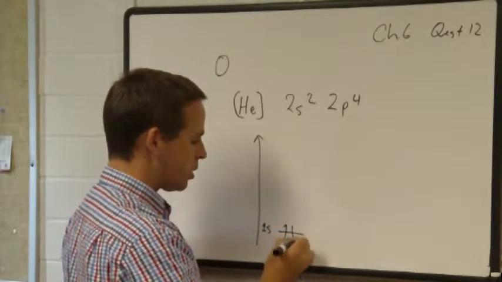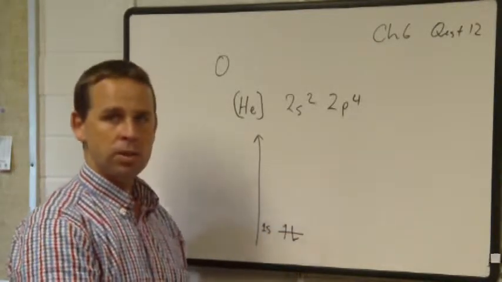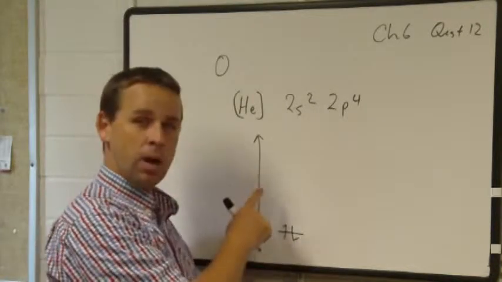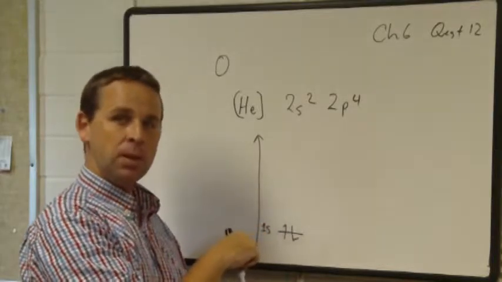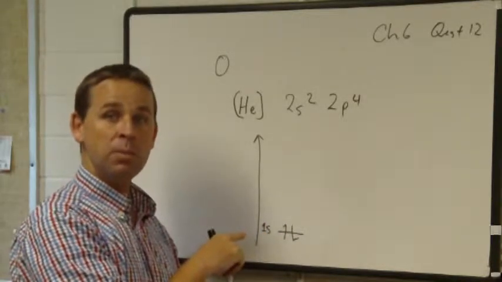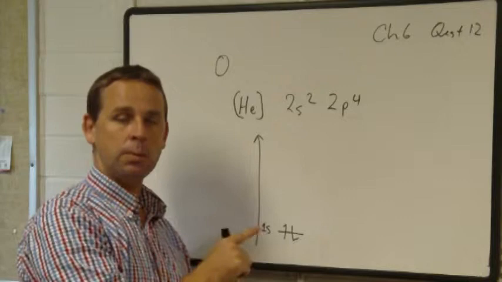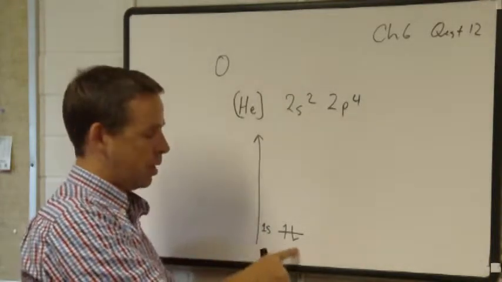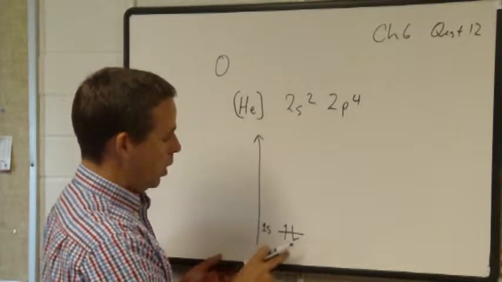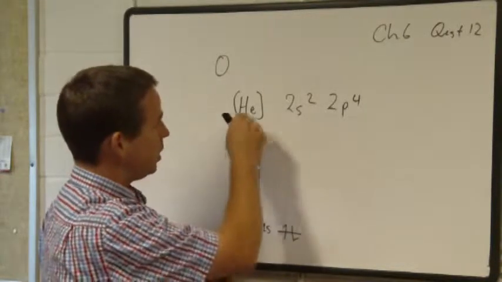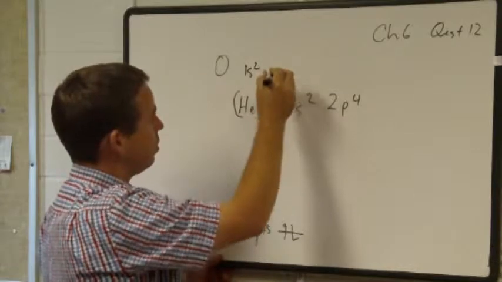We draw those 2 electrons as arrows. One arrow goes up and one arrow goes down. The up and the down is indicative of the different m sub s quantum number, which is spin, plus 1/2, minus 1/2. So we have 1s2, that's what the helium is here.